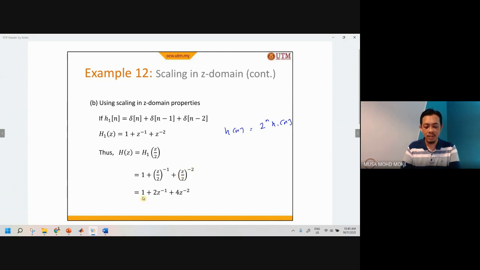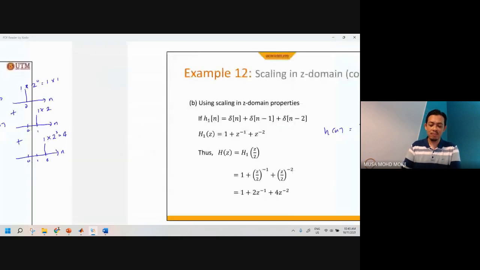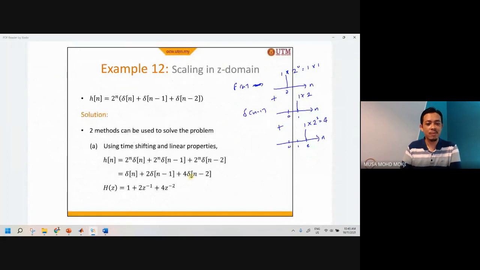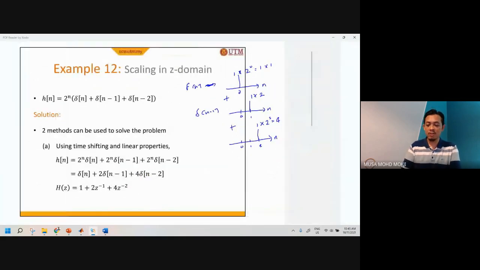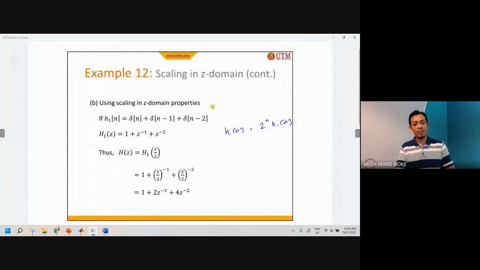So that's why you get 1 plus 2z to the power of minus 1 plus 4z to the power of minus 2, which is equal to this one. So you can either solve it using this one, or you can solve it using the scaling in Z domain property, right?